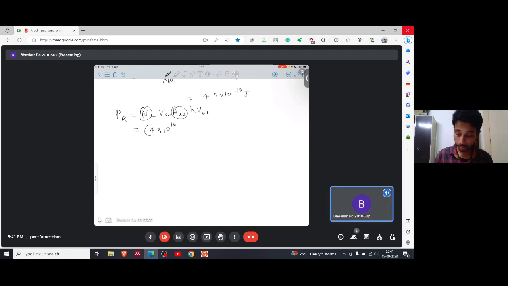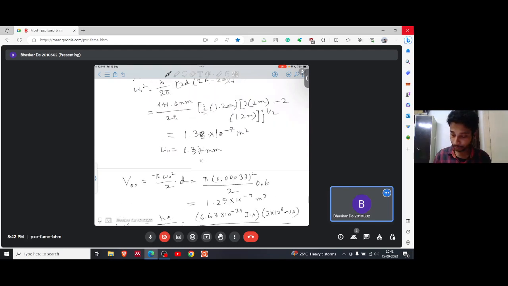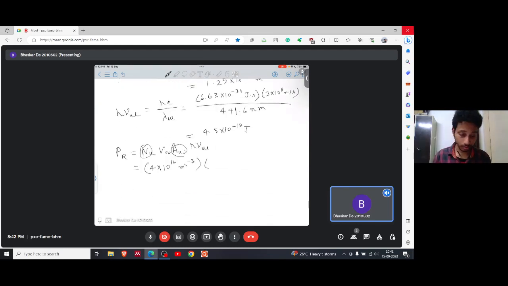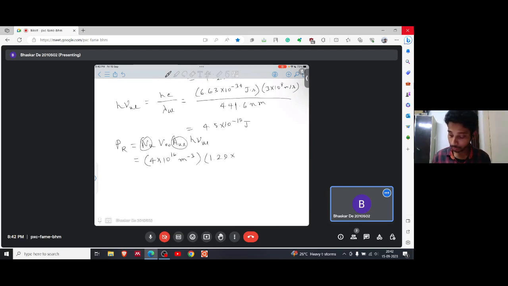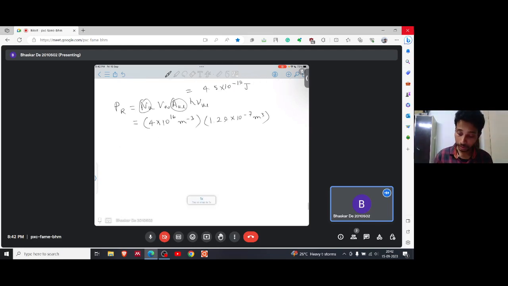So the value of Nu is 4 into 10 to the power 16 meter cube inverse. Then V00 is calculated as 1.29 into 10 to the minus 7 meter cube. Then the A_UL is 1.4 into 10 to the power 6 second inverse, and then the h nu_UL is 4.5 into 10 to the minus 19 joule.